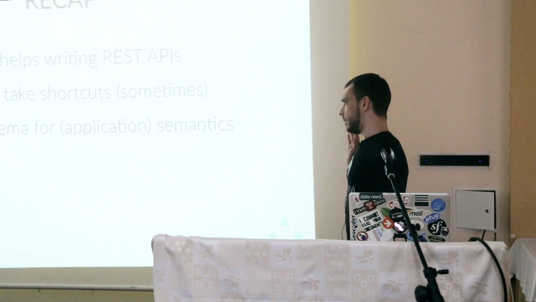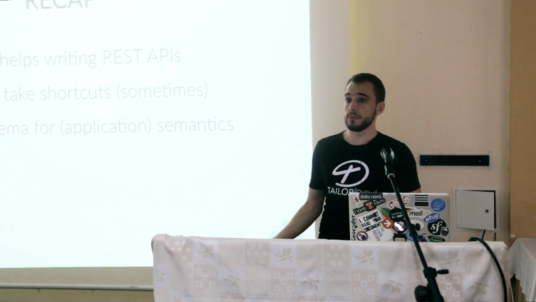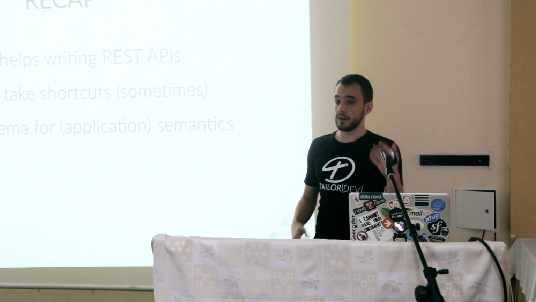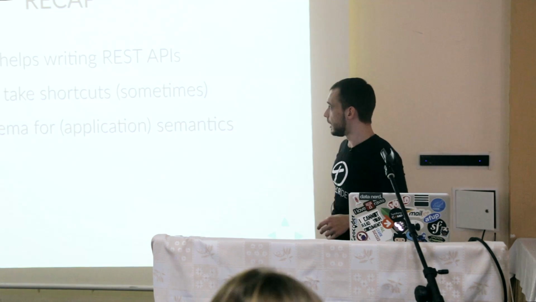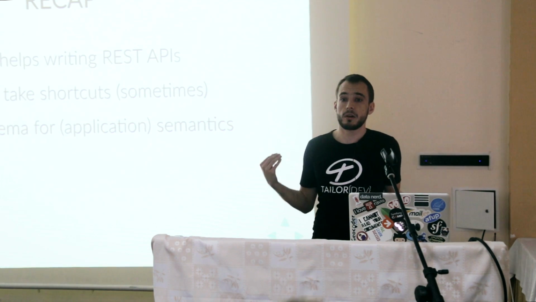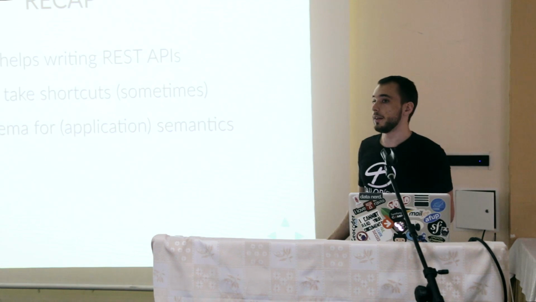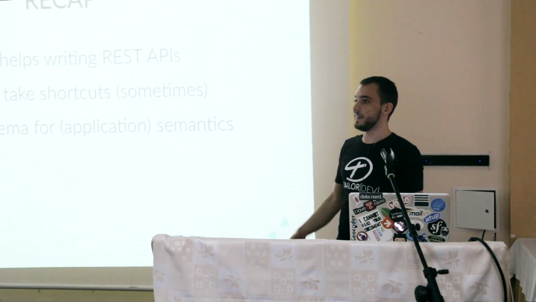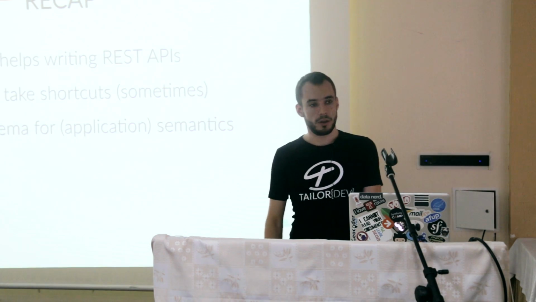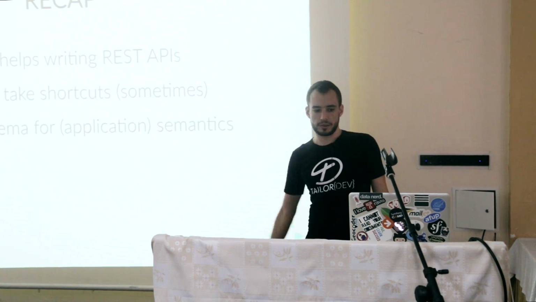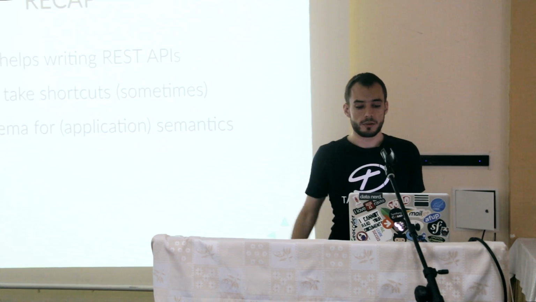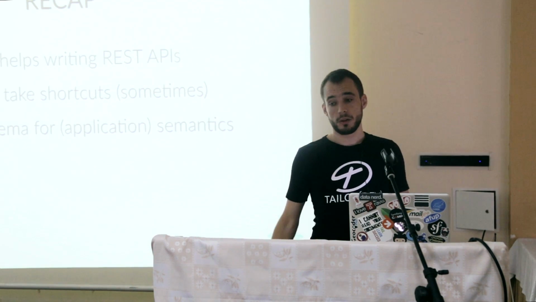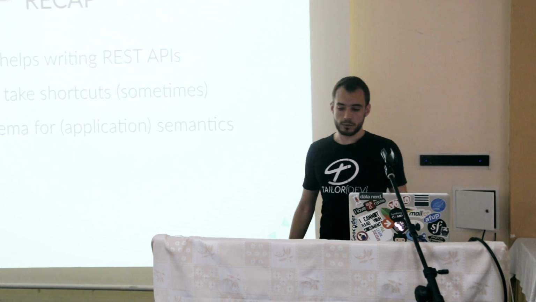But also, it's important to be pragmatic, and when something doesn't work, we couldn't fix the browser or any other implementation of the fetch JavaScript thing. So we had to take a shortcut, and it's always good to take shortcuts. It's fine not to always be too compliant with any specification, especially with REST, because REST is complex. And in this case, I used the JSON schema for the application semantics. It's perfectly valid, and thanks to API Blueprint, it was already generated automatically.